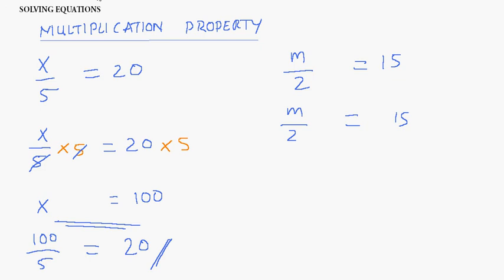That is the original equation. 2 and 2 get cancelled. m equals 15 times 2, which is 30. Therefore, m equals 30 is the solution of this equation.